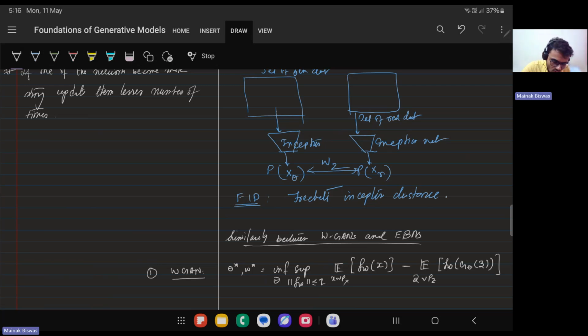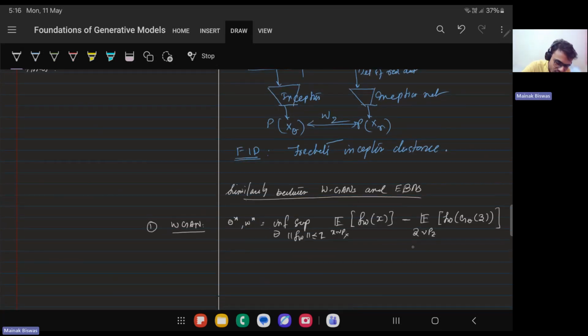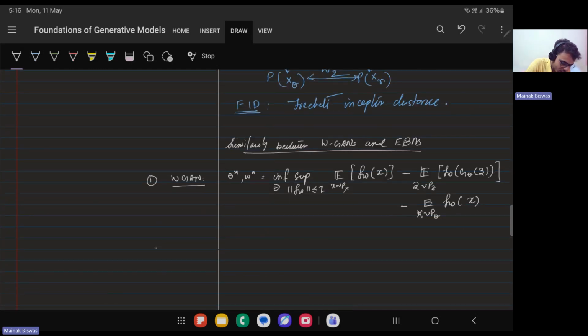So now this is equal to saying the expected value of x being sampled from the theta distribution of f_W of x. Right. So now this is WGAN, Wasserstein GAN.